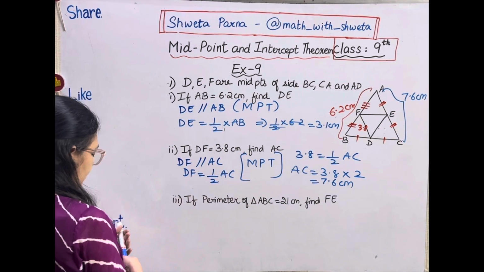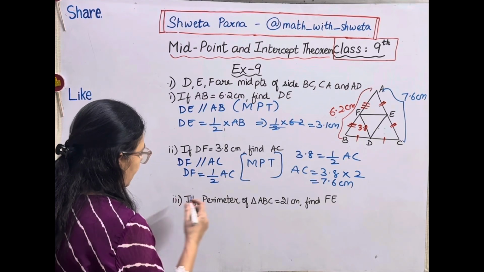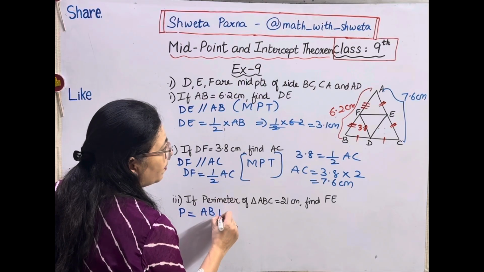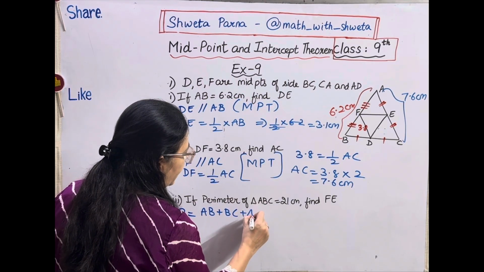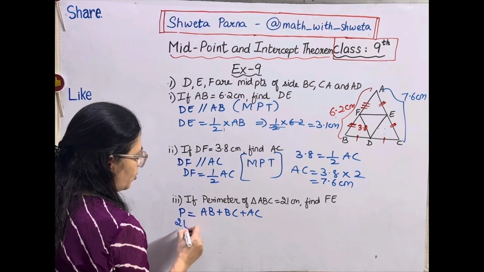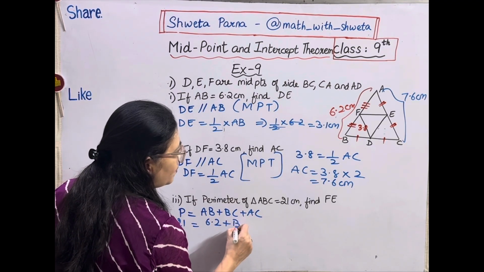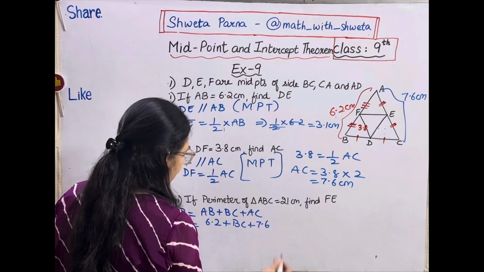So let's do this. The perimeter of a triangle is the sum of all the sides, which is AB plus BC plus AC. The perimeter given is 21, which is equal to AB, 6.2, plus BC plus 7.6.